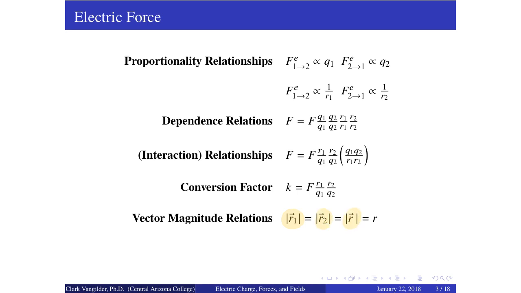That means I can call them just 1, the magnitude of R, and we would write it that way. These two things here are saying the same thing. I could just write R, or I could write the magnitude of the vector R. That's the symbolic lingo.